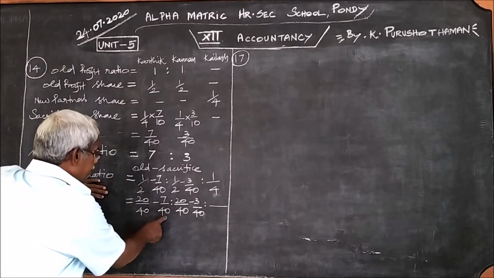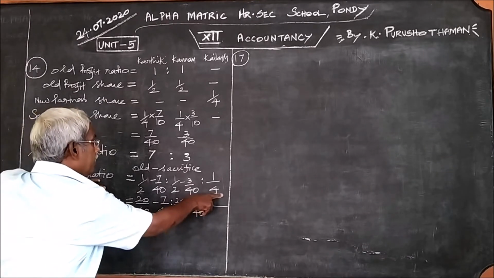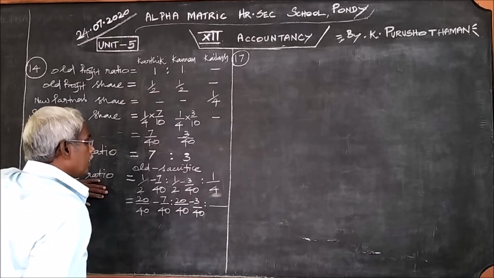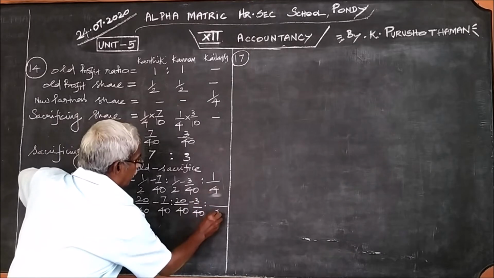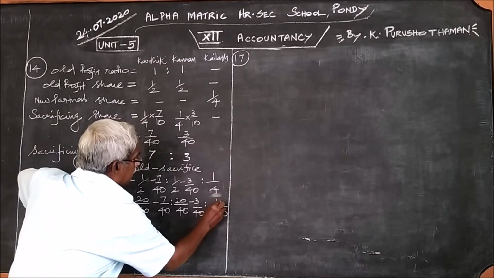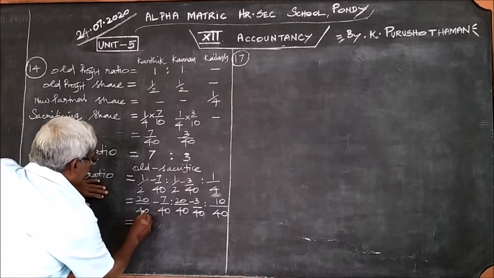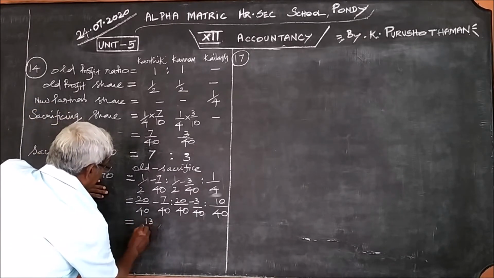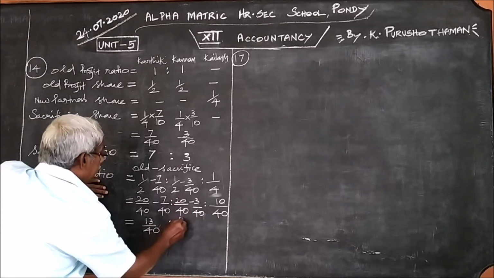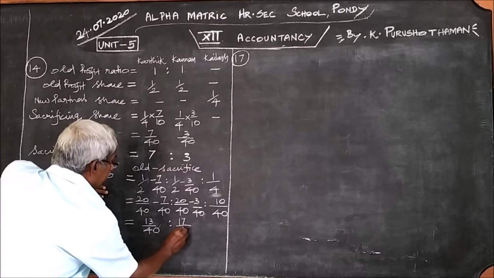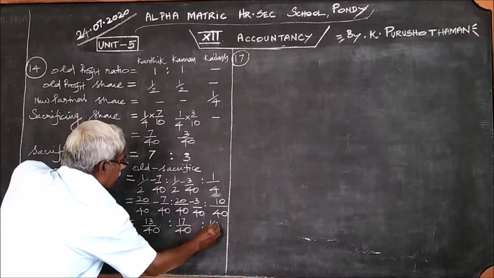Because in the rest of the two fractions, the denominator is 40, and therefore we must write this denominator also in 40. Therefore, 10 into 4, 40, 10 into 1, 10. So now, 20 minus 7, 13 by 40. 20 minus 3, 17 by 40. 10 by 40.